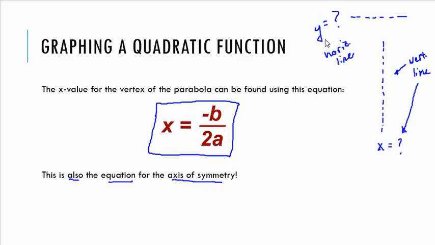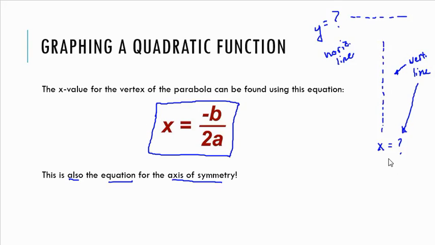Any equation in the form y equals something is going to be a horizontal line, because the y value never changes. It stays the same height, if you think of it that way. And in the same respect, the opposite way, any vertical line is in the form of x equals, because it never moves left to right. All the points are above each other, so they have the same x value.